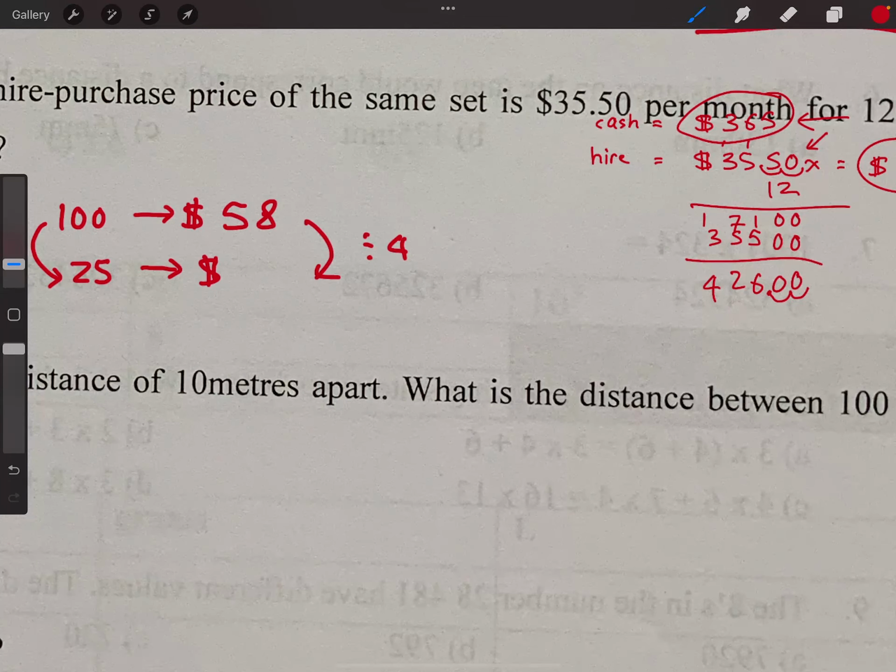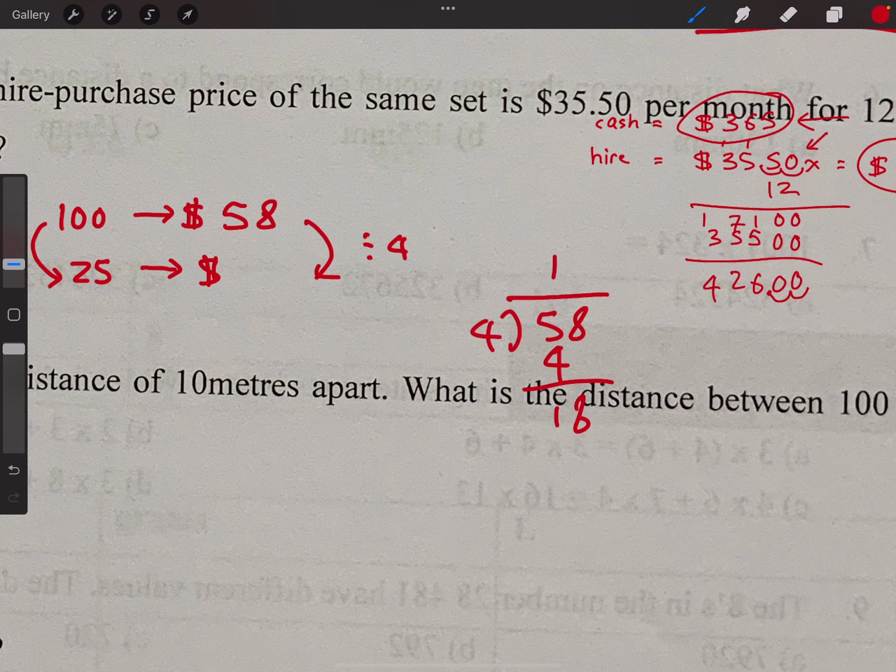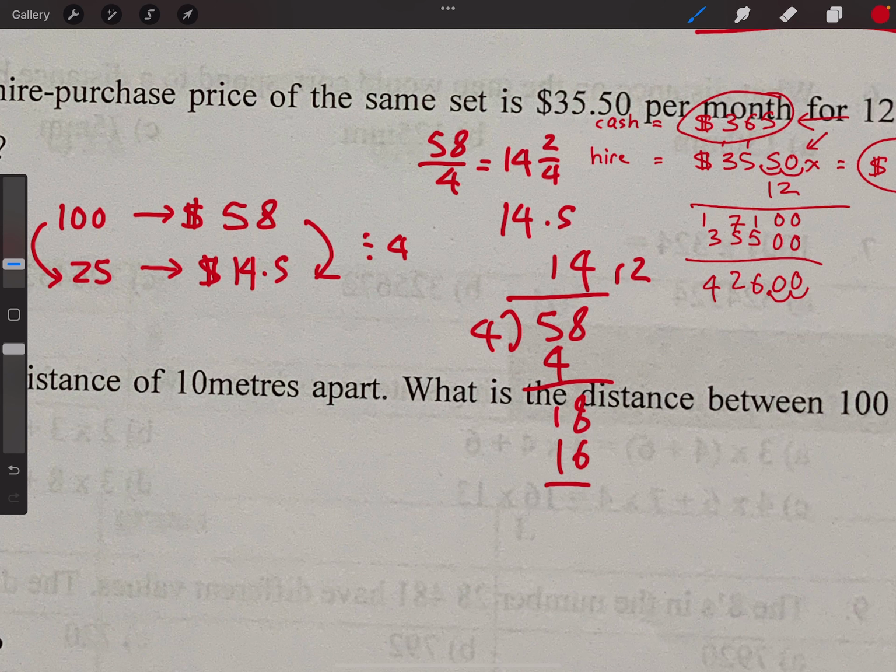What's 58 divided by 4? 58 divided by 4, you get 1, 4. 18 divided by 4 is 4, and that's 16, remainder 2. So when we divide it by 4, you're going to get $14, remainder 2. So 58 divided by 4 is 14 and 2 over 4, which is 14 and 0.5. $14.50 for 25, right?